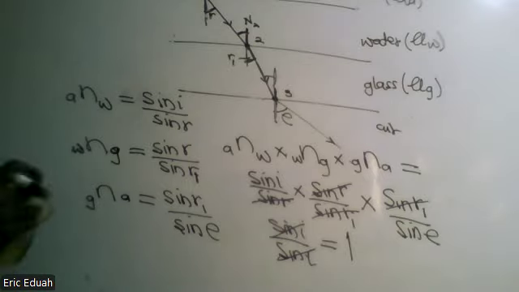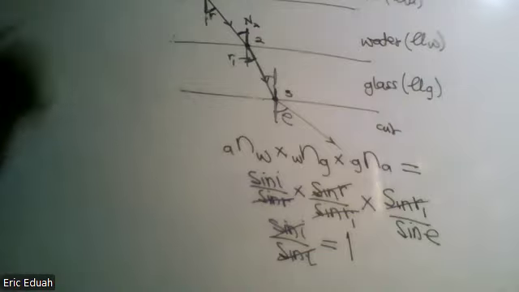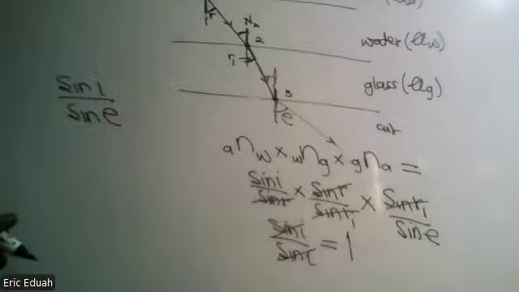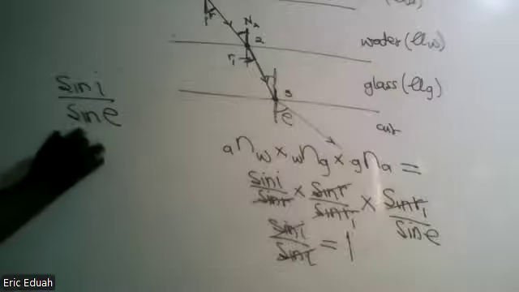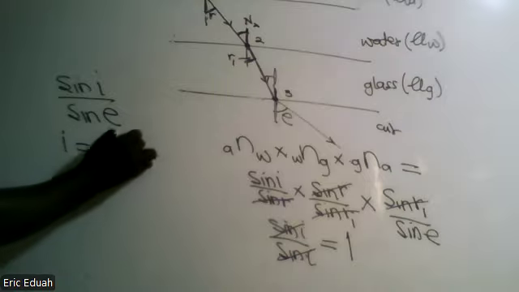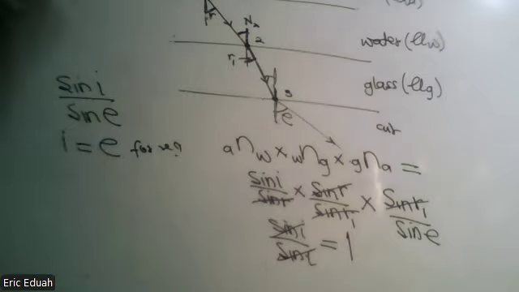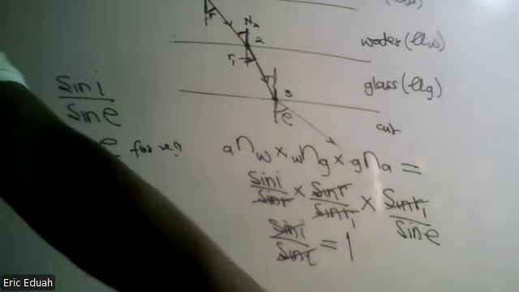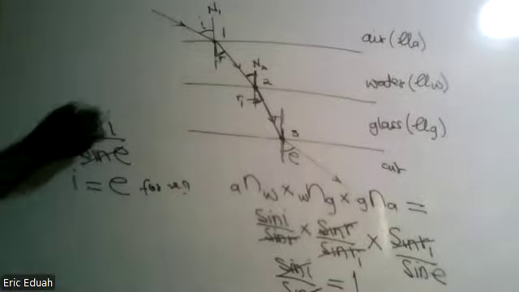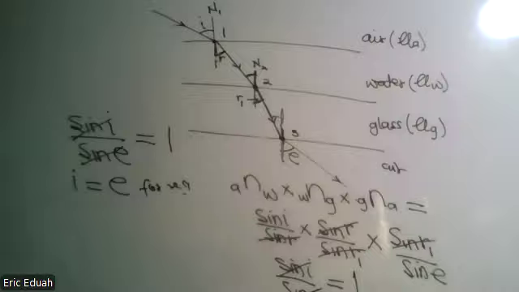The last part, you see, this is what we had when we cancelled that sine I over sine E. Audrey, the concept we developed was that for refraction of light at parallel boundaries, I is equal to E. So if I is equal to E, then this can also cancel out so that the result is equal to 1.